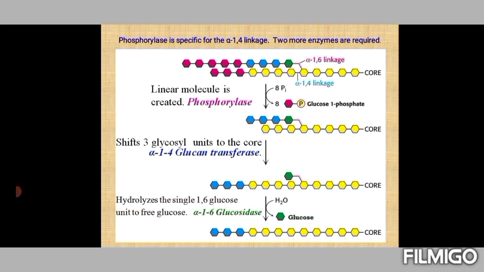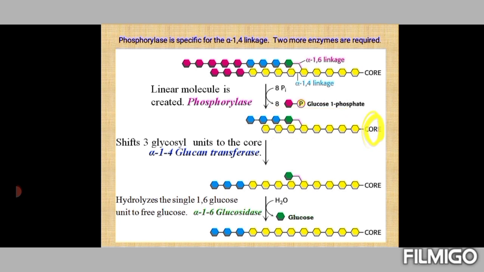So phosphorylase will cut alpha-1,4 subunits till its action reaches 4 subunits away from a side branch point, like this. Here also it is a side branch point, from where the yellow colored unit starts. Okay, now another enzyme. So what is the result? This is the result of phosphorylase action.